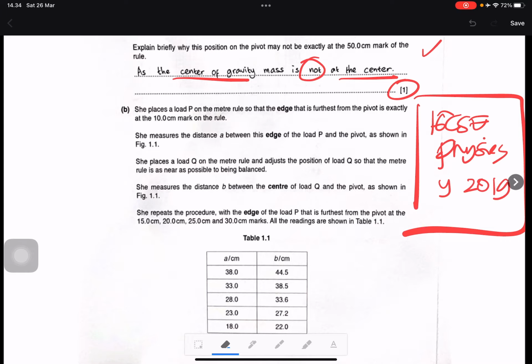She places a load Q on the metre rule and adjusts its position so that the rule is as near as possible to being balanced. She measures distance B between the center of load Q and the pivot.